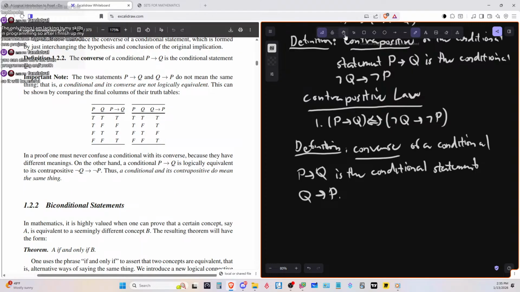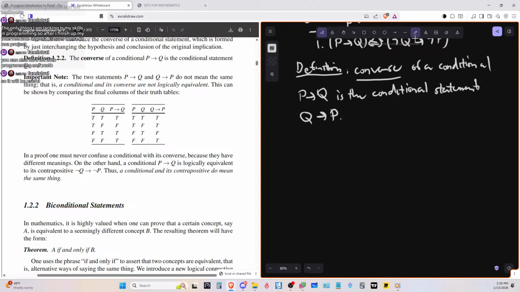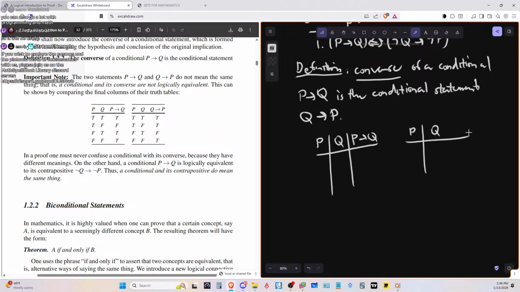So maybe we should write these tables just so that we don't get confused, because I think I probably would fall into that trap. P implies Q, and then Q implies P. Okay, so we have the rows, then false and false.